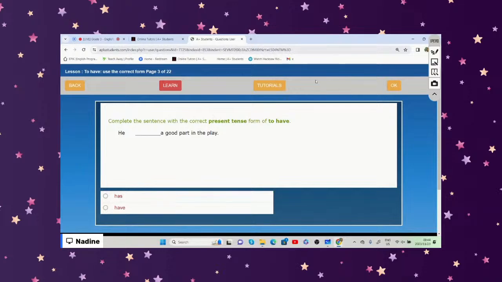Now we need to complete the sentence with the correct present tense form of to have. He has a good part in the play, or he have a good part in the play.